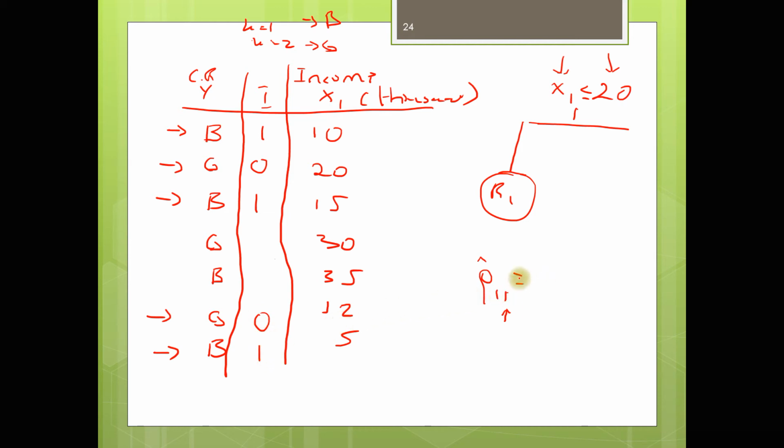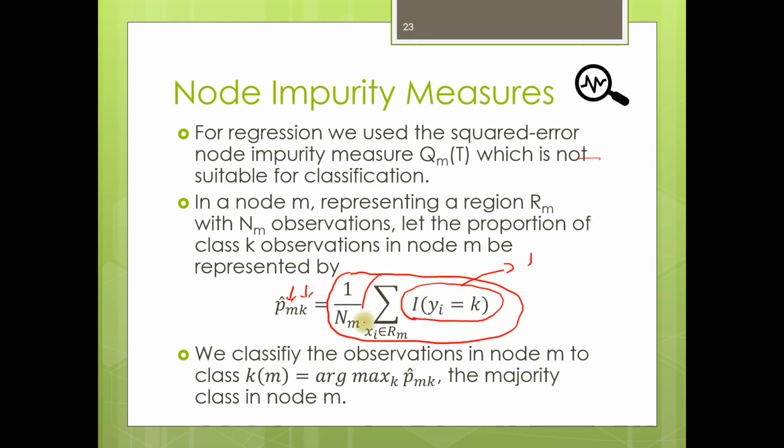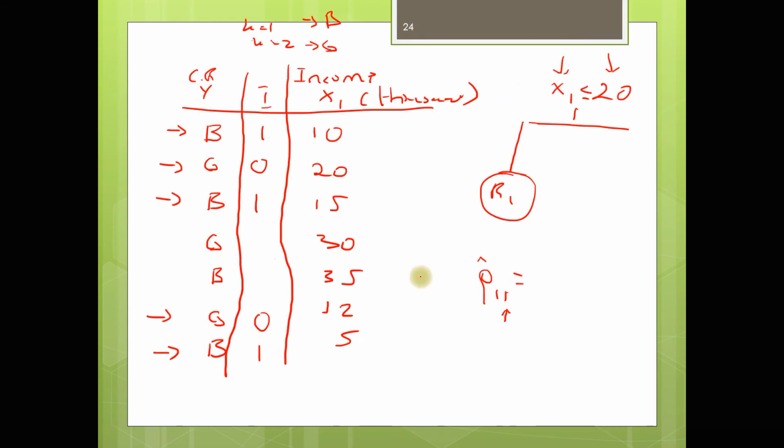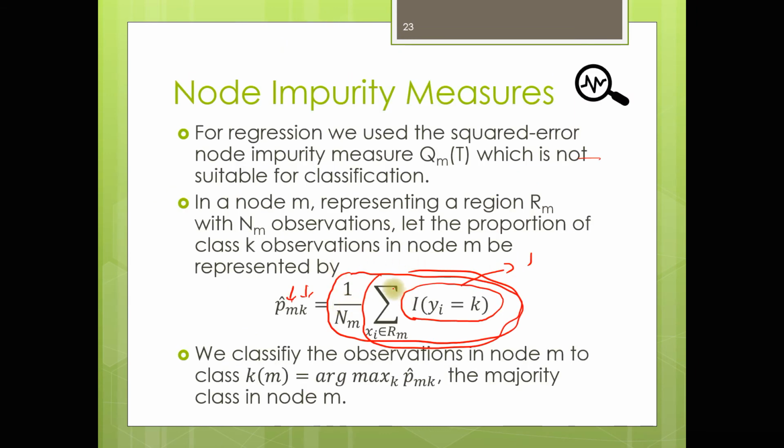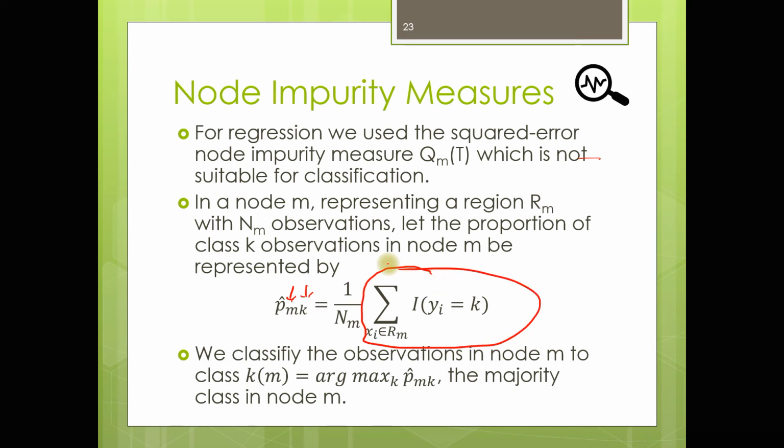So what do we do? We sum according to the principle here. We are going to sum these different values: 1 plus 0 plus 1 plus 0 plus 1, which gives us 3. And then multiplied by 1 upon nm, and nm is the number of observations within that particular region m.